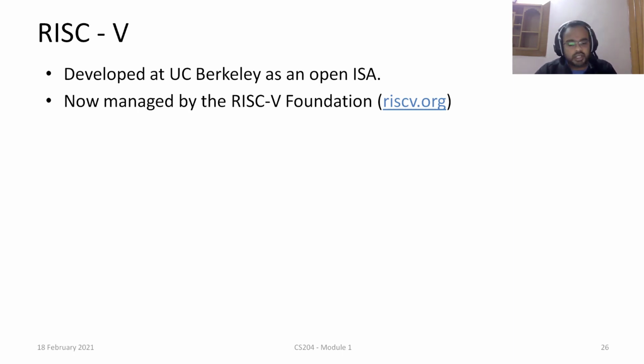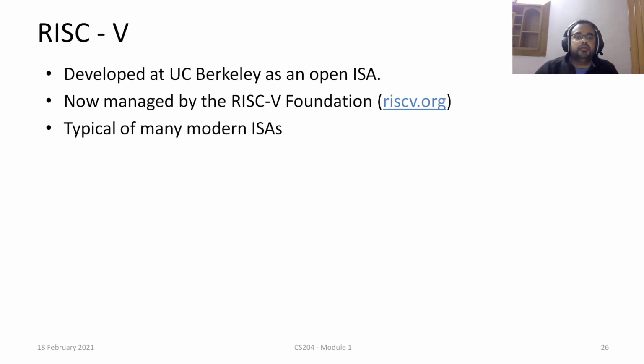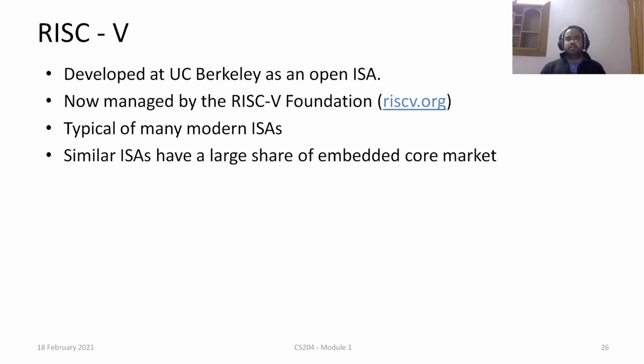You can go and check about a lot of new things that are happening with the RISC-V ISA. RISC-V, the way it has been designed, is quite typical of many of the current day ISAs that we have. So studying it will make things very relevant to you with the current computing systems, right?